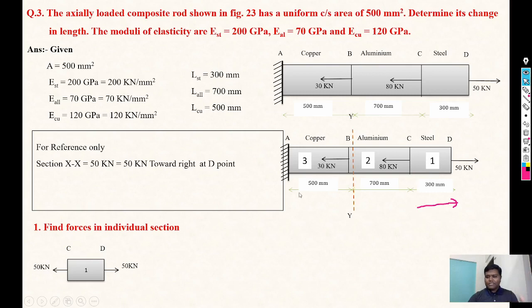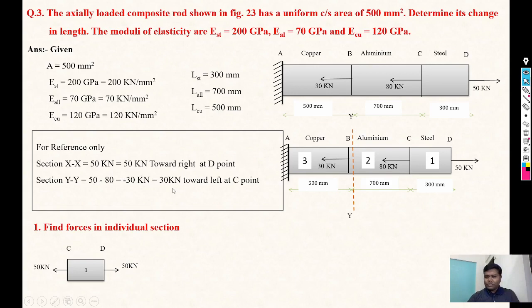Now next, consider the YY section at the B point. On the right side there are two forces, 80 kilonewton and 50 kilonewton. The 80 kilonewton is towards left and the 50 kilonewton is towards right. So 50 towards right is positive, and the 80 kilonewton towards left is negative. So 50 minus 80 is minus 30 kilonewton.